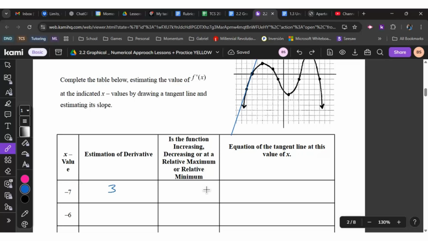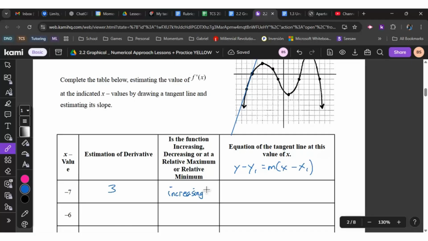All right. Is the function increasing, decreasing, or at a relative max or min? So if you look at it, you can see the function. What is it doing? It's increasing, right? All right, now estimation of the tangent line, remember, we'll write out in our general slope point form. So y minus y1 is equal to m times x minus x1, yeah?